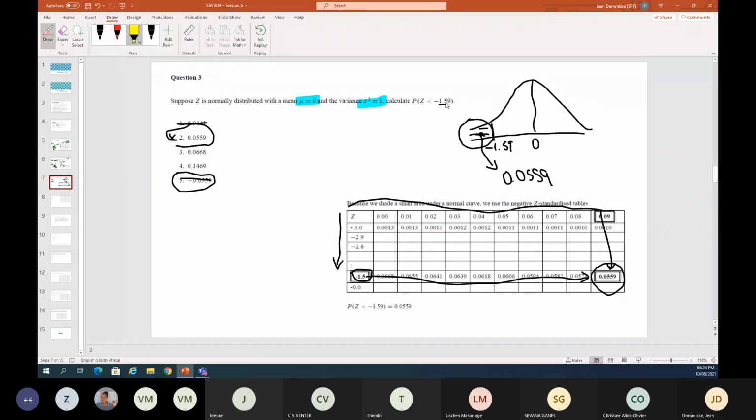So that 1.5 is where I go down to the 1.5. And then the second decimal is the one that I go across. So if I just wrote that down as a decimal, it would have been 0.09, and the other one would have been 1.5.